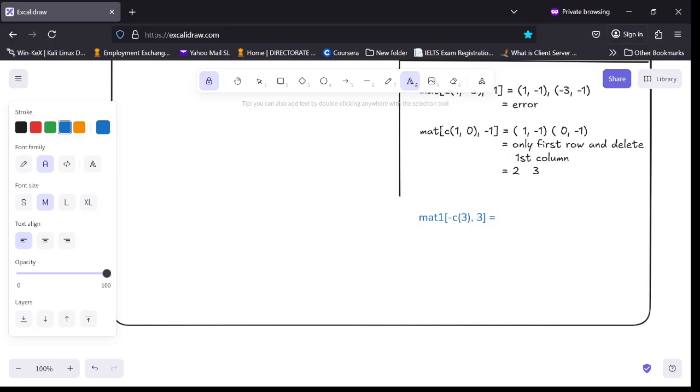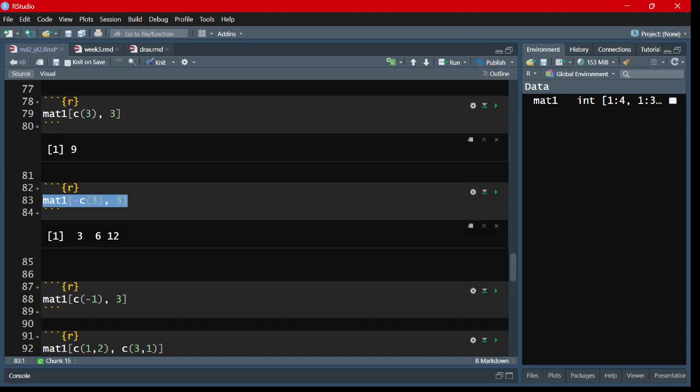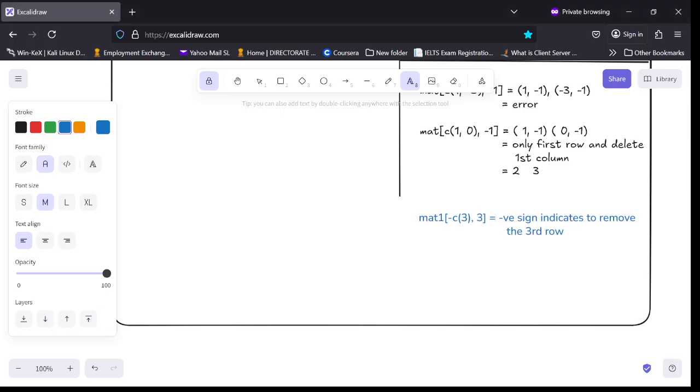We can directly say the negative sign indicates to remove the third row. The output is a vector, which is again a very important thing. So the negative sign indicates to remove the third row.